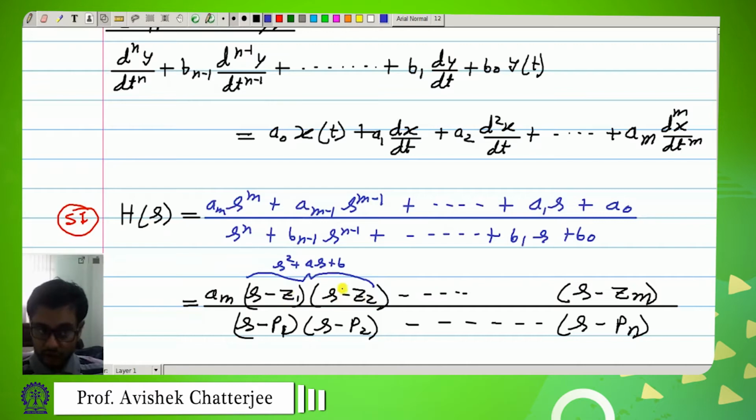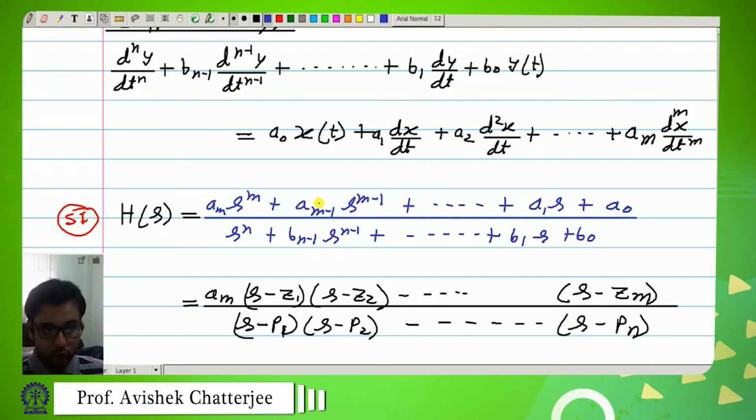But if they are not, A and B can be complex numbers. So if these zeros occur in complex conjugate pairs, then when you multiply them all, you will get this polynomial.